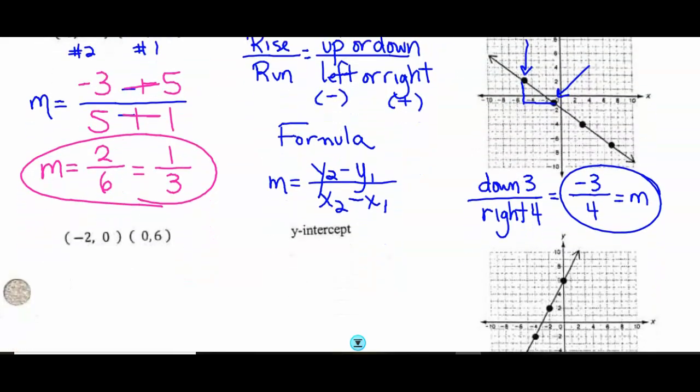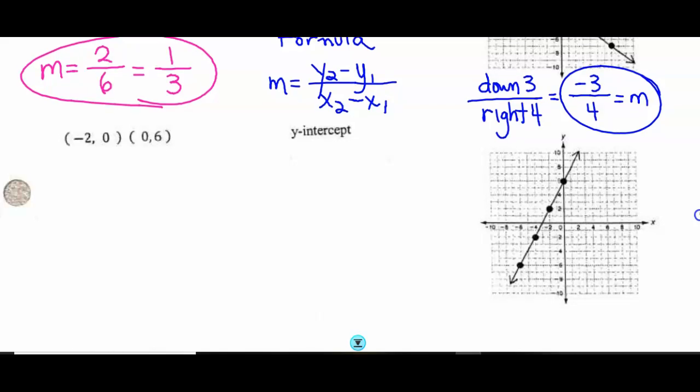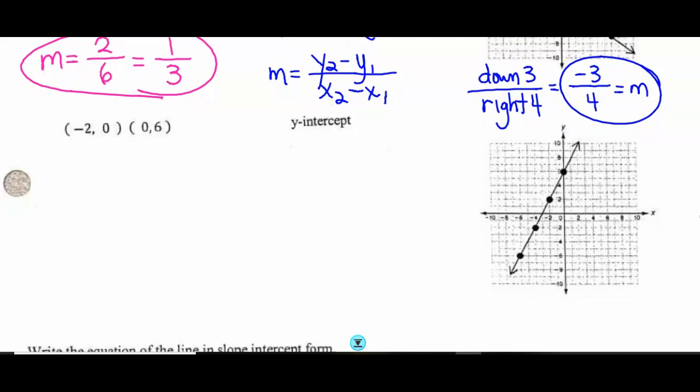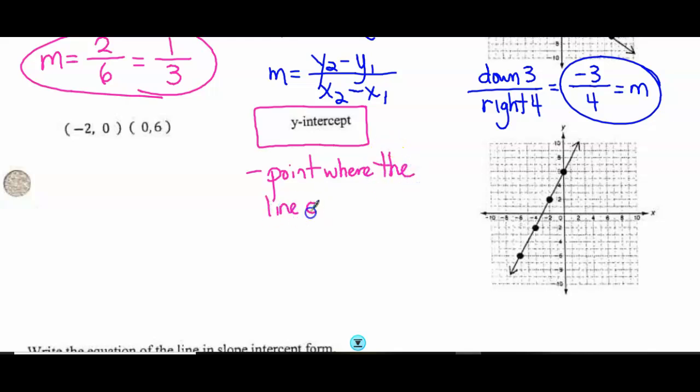The second thing you need to write an equation of a line in slope-intercept form is the y-intercept. So, on a graph, this is the point where the line crosses the y-axis.